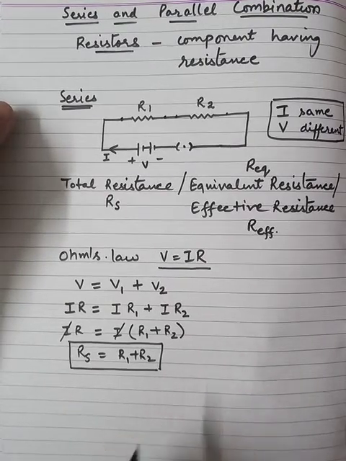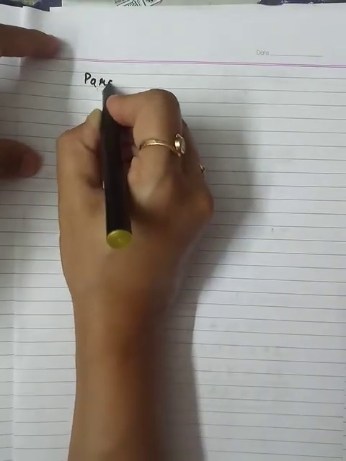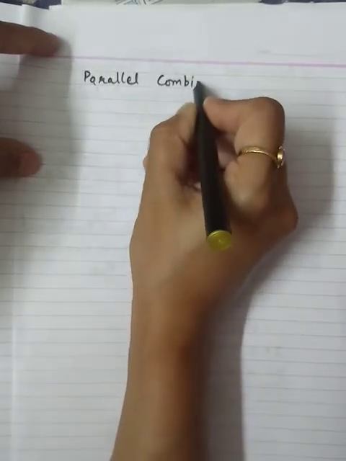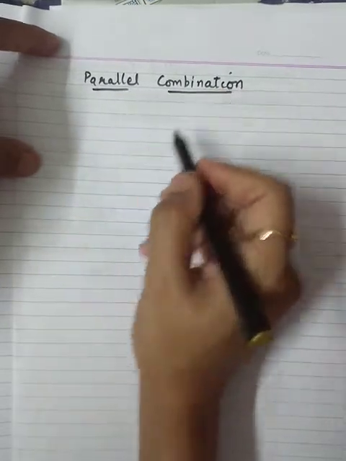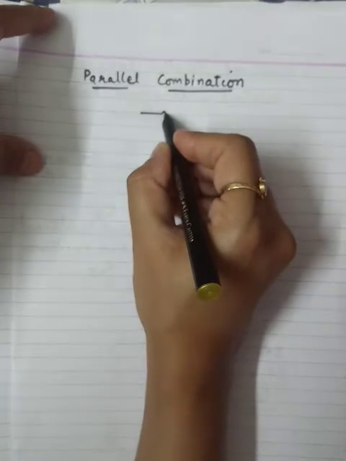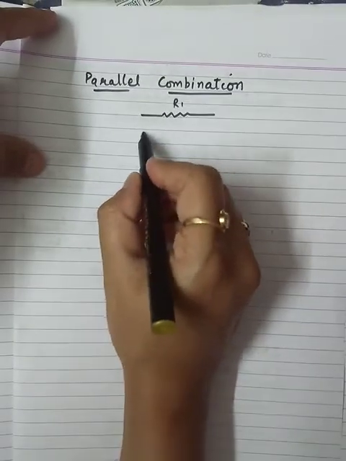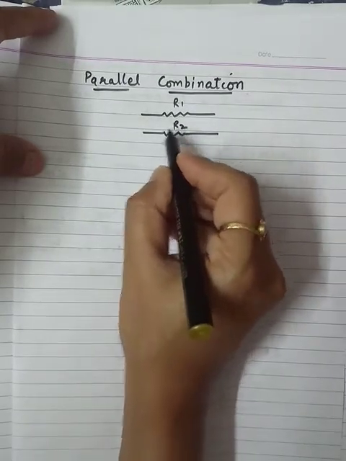Okay, now next is how to find the total resistance in the case of parallel combination, right? Parallel combination means, as its name suggests, one resistor R1 combined in parallel to another resistor R2.